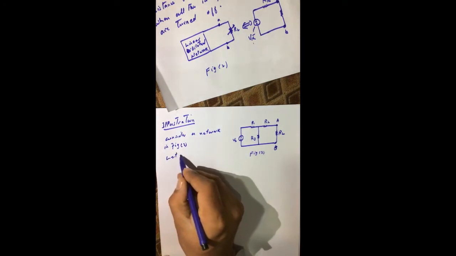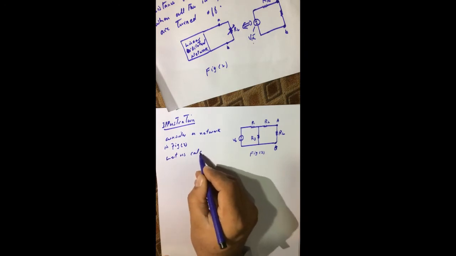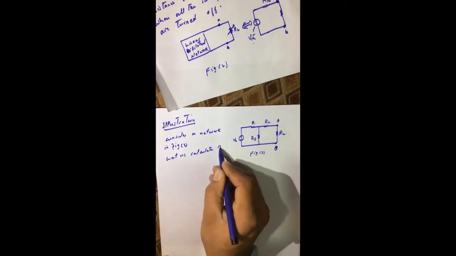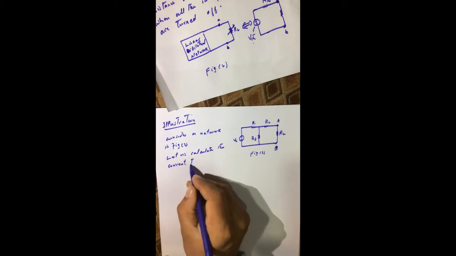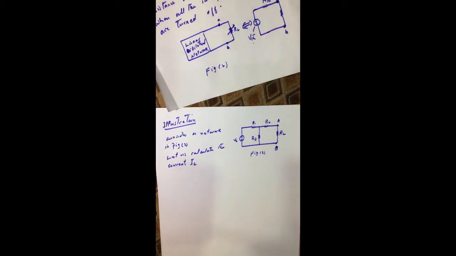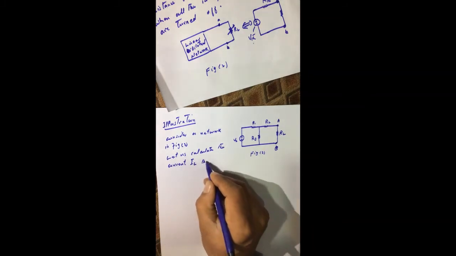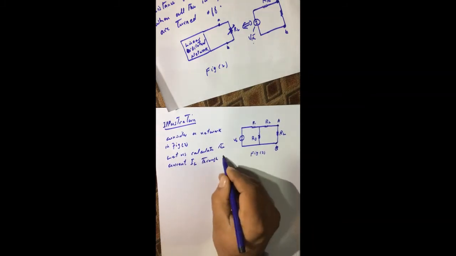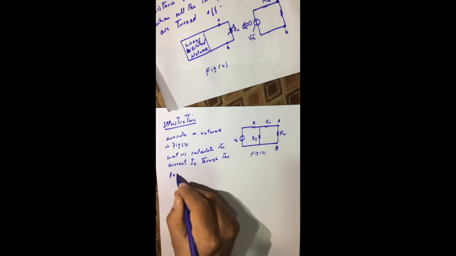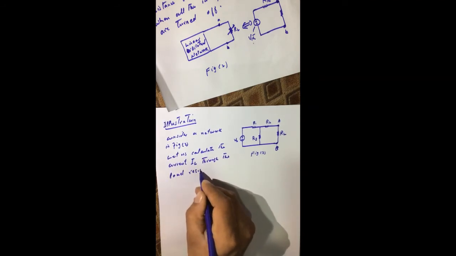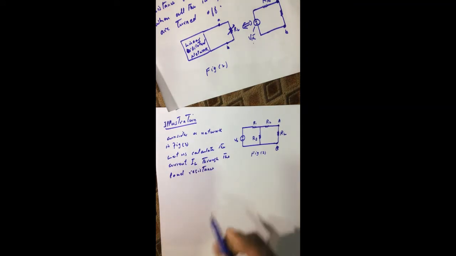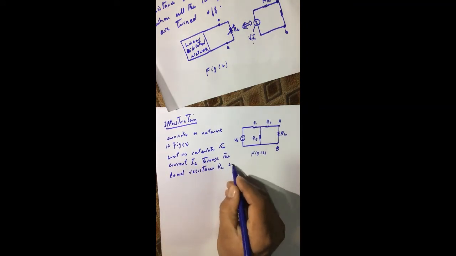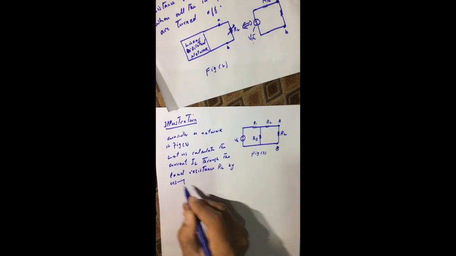Let us calculate the current IL, the load current through the load resistance RL by using Thevenin theorem.